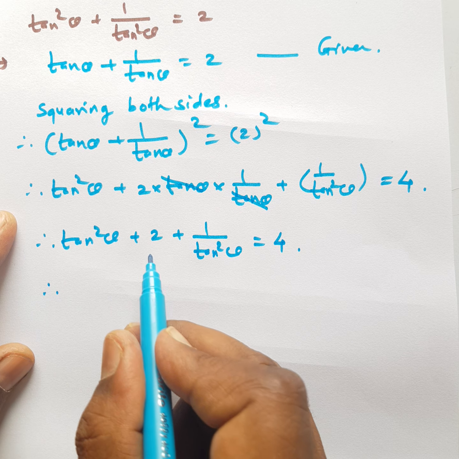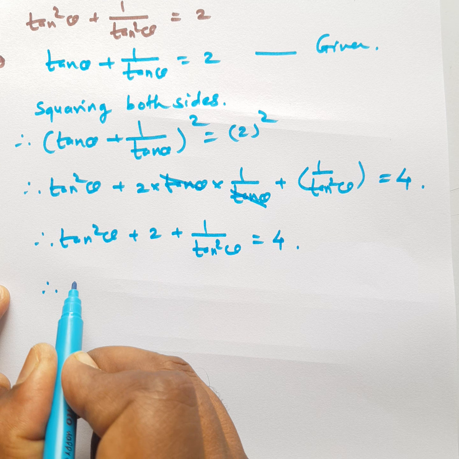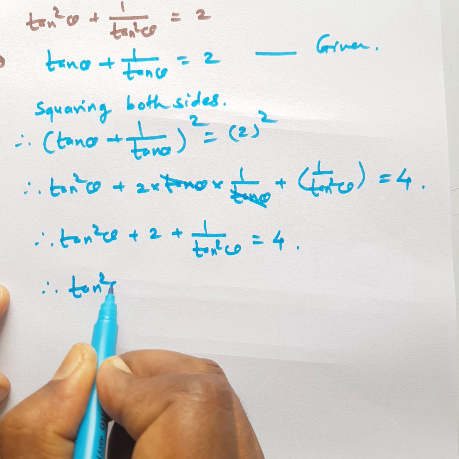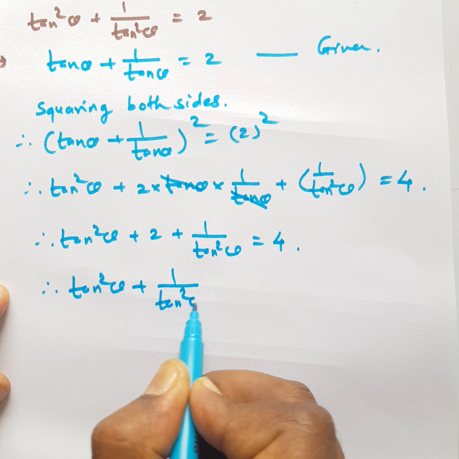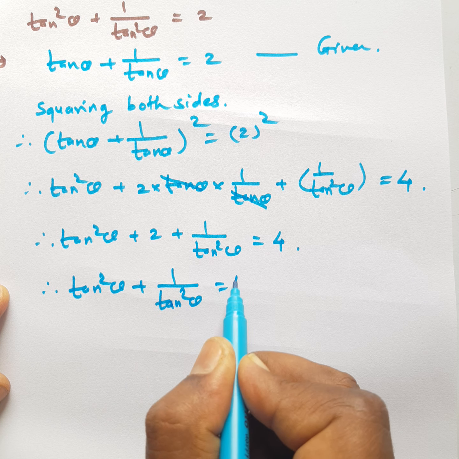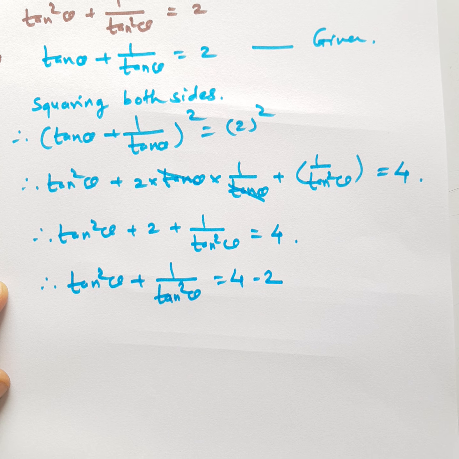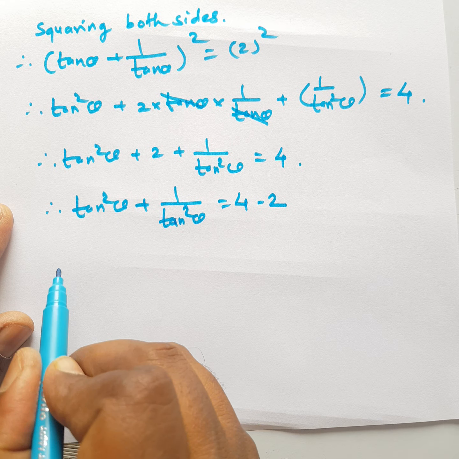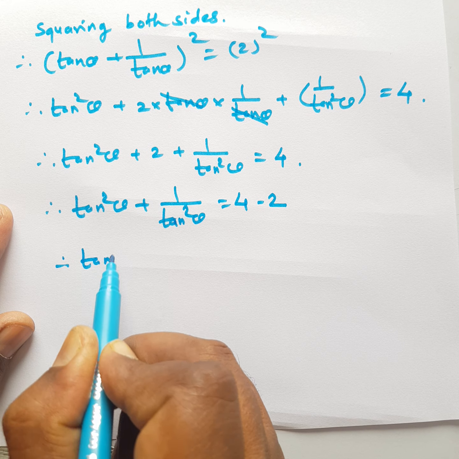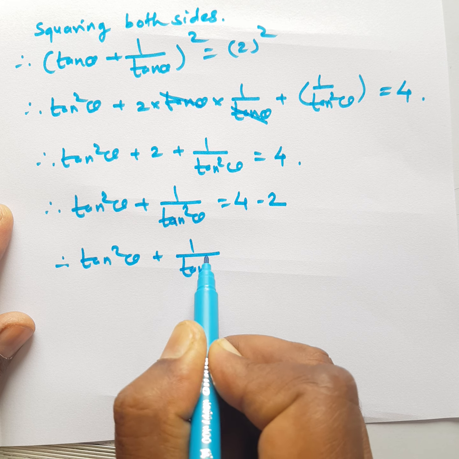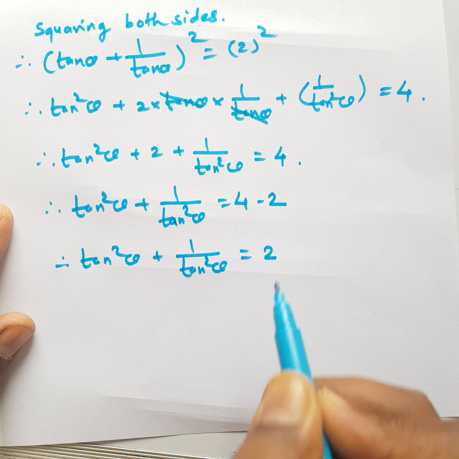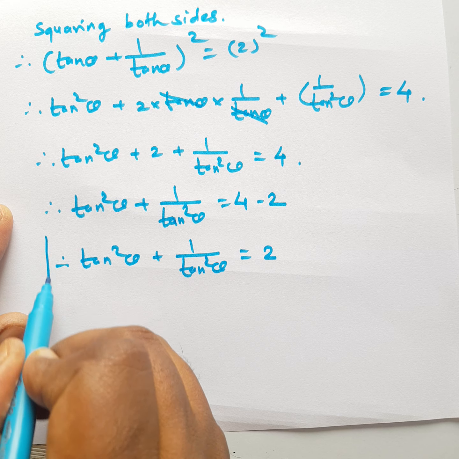If we change the side of this 2, then we will get tan square theta plus 1 upon tan square theta is equal to 4 minus 2. Therefore tan square theta plus 1 upon tan square theta is equal to 2. It is to prove here.